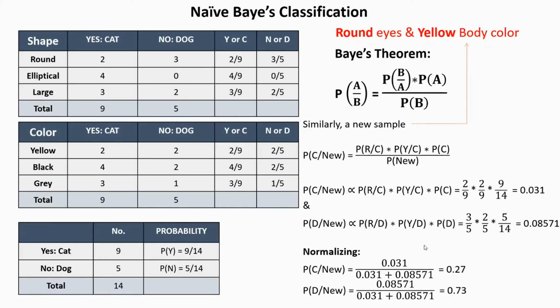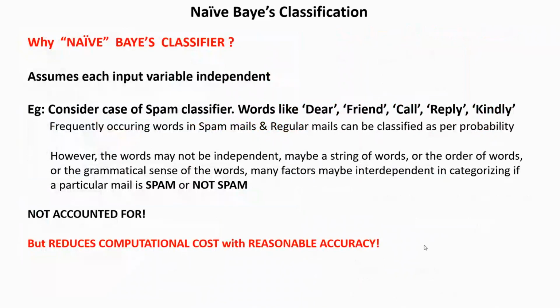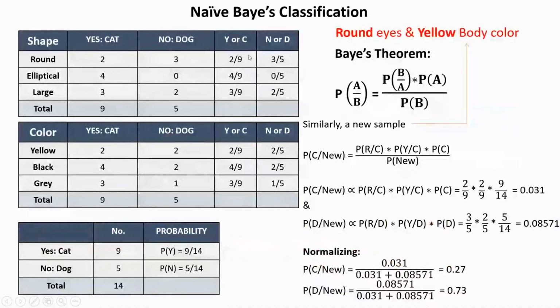Okay. So now coming to the elaboration of why it is called Naive Bayes classifier. You need to understand that this classifier essentially assumes that your input variables are independent. In this case, you can very easily associate this and this as independent.